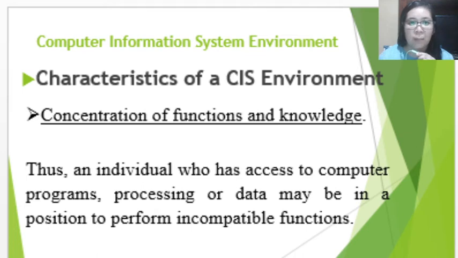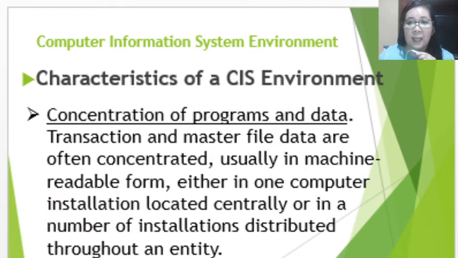This is very important for the auditor, so that he will be able to know if possible fraud or error leading to misstatement may exist. Another characteristic of a CIS environment is the concentration of programs and data.